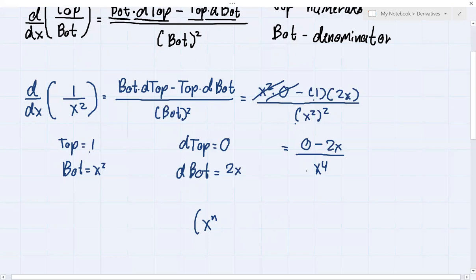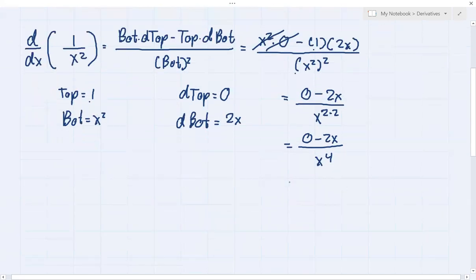Therefore, sa denominator, di ba meron tayong x squared raised to 2. So magiging x raised to 2 times 2. Hence, you have x raised to 4. Now, let's simplify further. We will have negative 2x all over x raised to 4. Okay, kasi 0 minus 2x ay negative 2x lang siya.